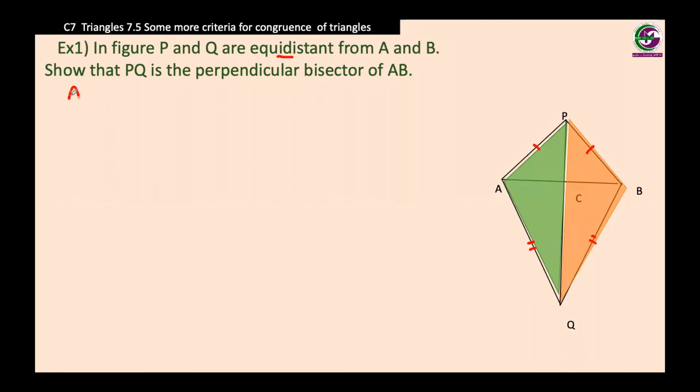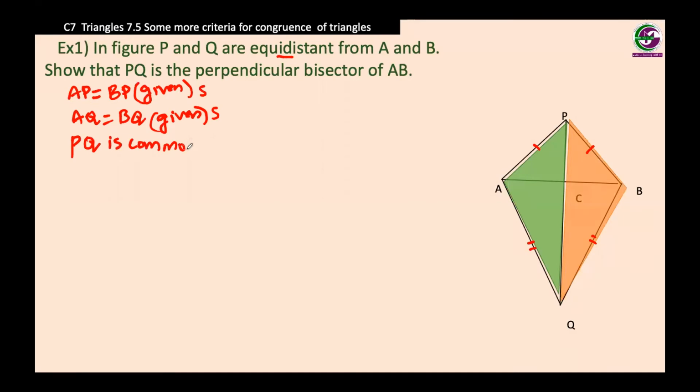So AP is equal to BP. It is given to us, so we get one side. Now AQ is equal to BQ. It is also given. We get the second side. Side PQ is common for the green triangle and the brown triangle. So we can say PQ is common.